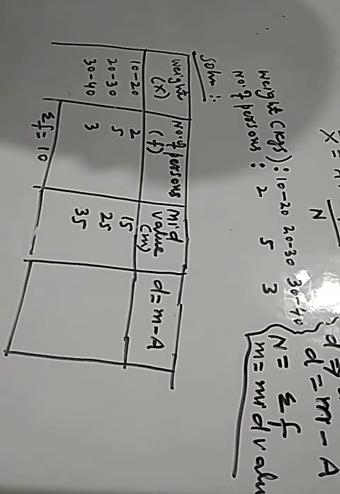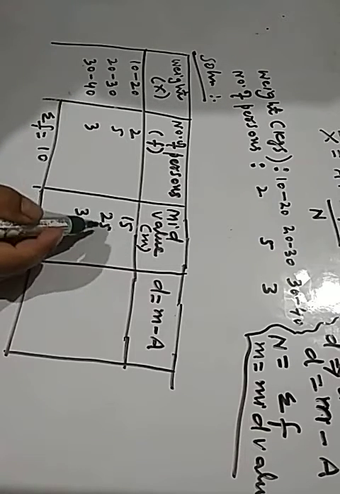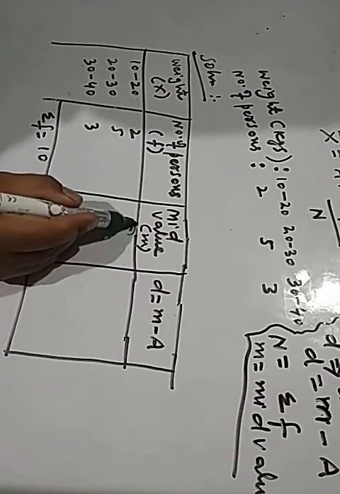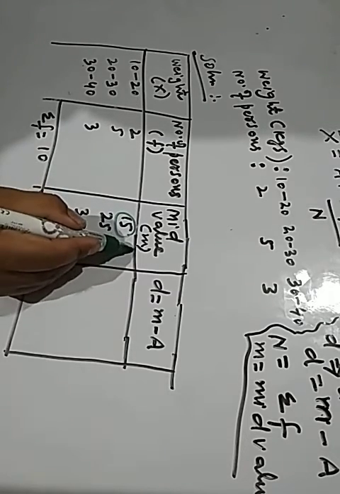That is, we will take assumed mean from these mid values. Suppose it is equal to 15.